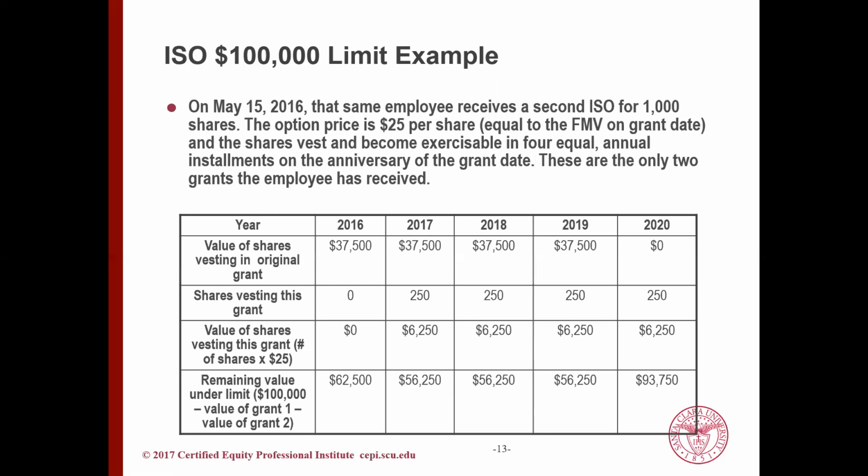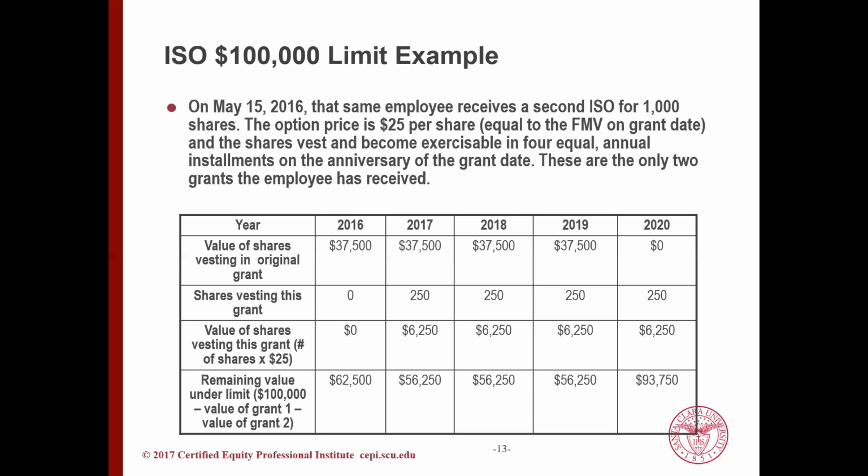In 2017, 2018, and 2019, the 250 shares reduces the limit by an additional $6,250 of value, but there is still leftovers. We get that $6,250 value by multiplying the 250 shares vesting from the second grant by the grant date fair market value of $25.